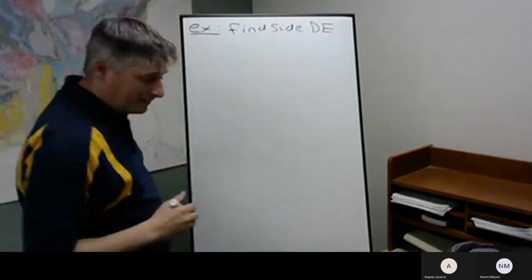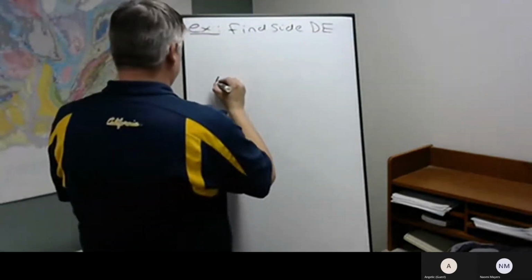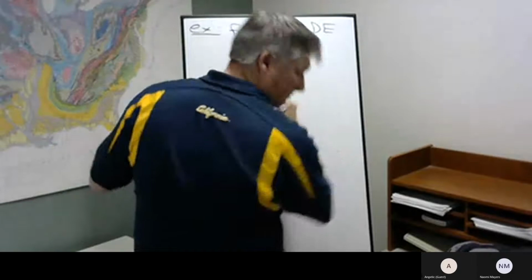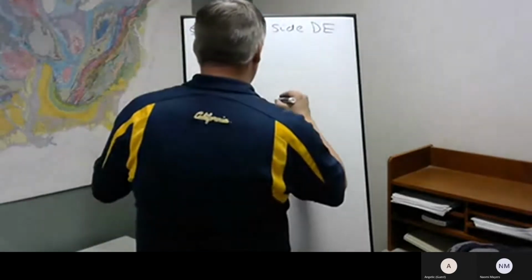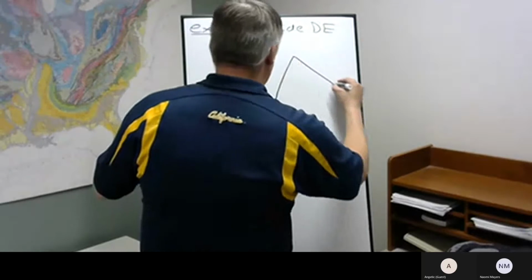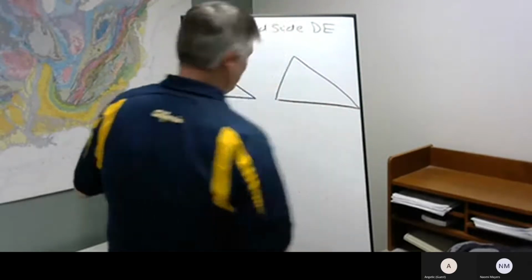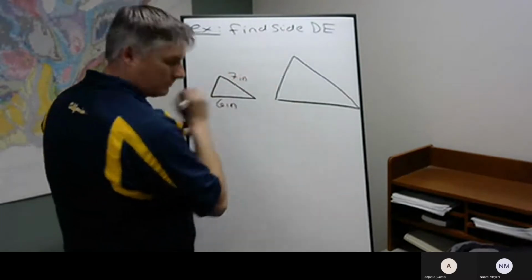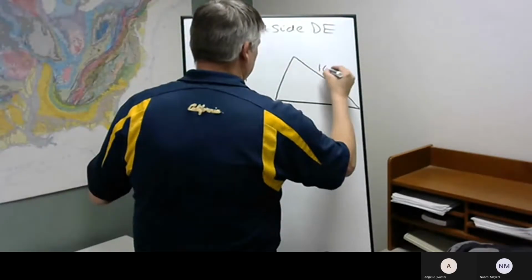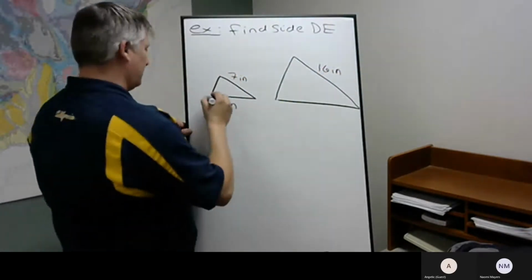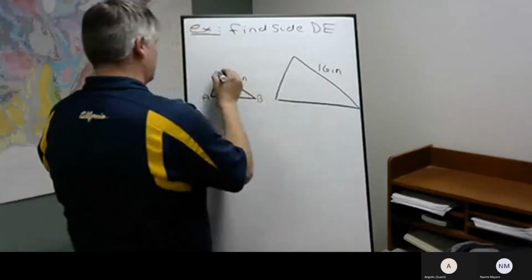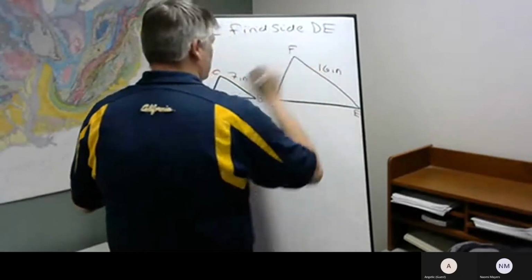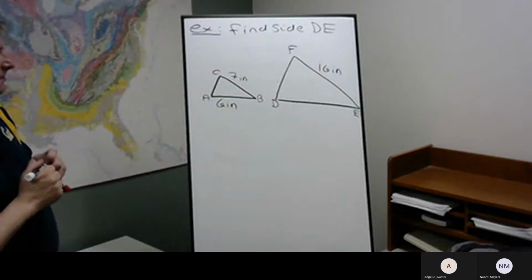So I'm going to find side DE. And what DE is going to look like here. So this is what we've got.